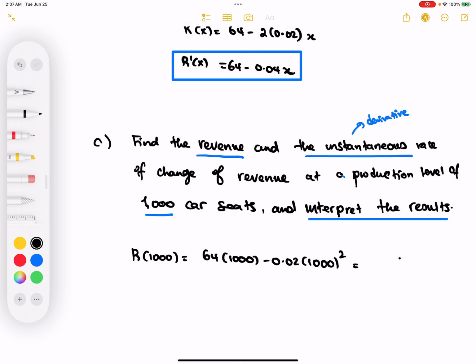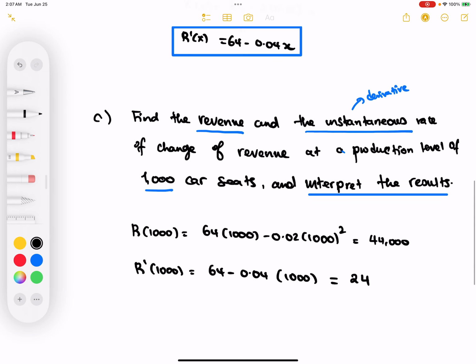In the previous question we answered this one. This is 44,000, and our derivative at 1,000 is 64 minus 0.04 times 1,000. When you use your calculator, this one you would get 24.